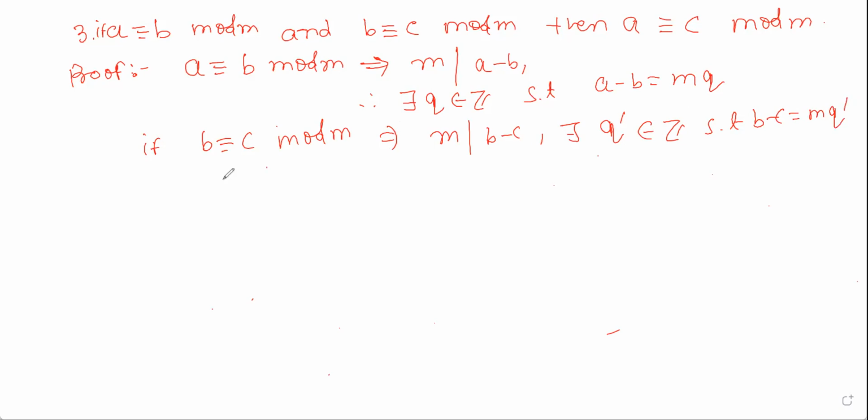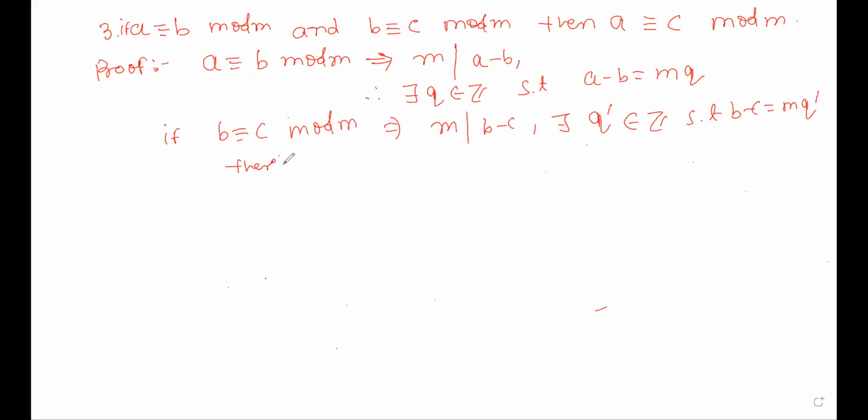Therefore, A minus B plus B minus C equals MQ plus MQ dash, and Q plus Q dash is also an integer, since Q and Q dash are integers.